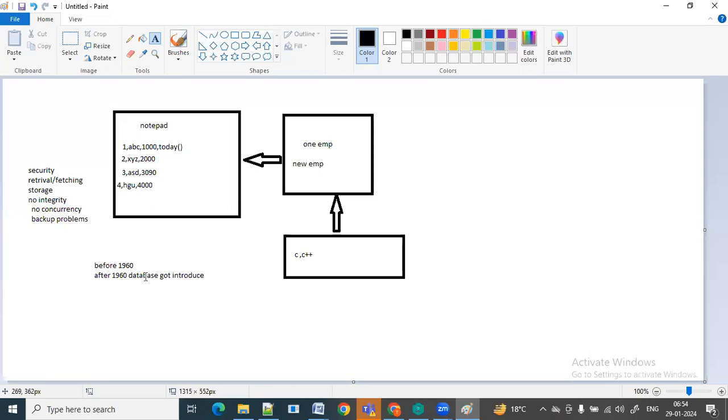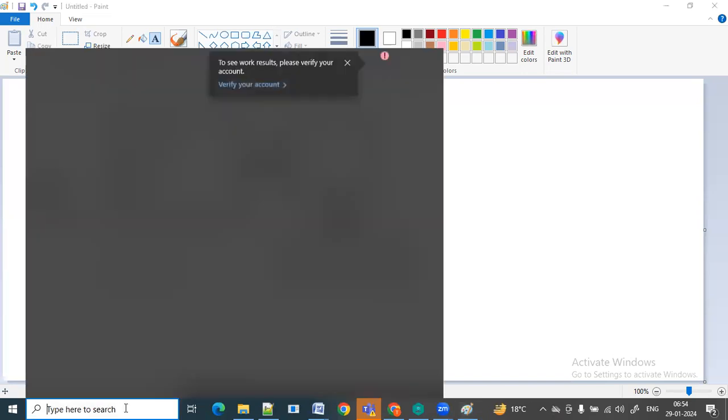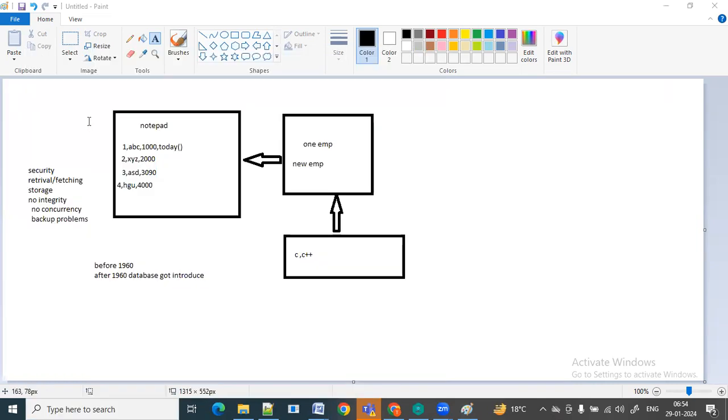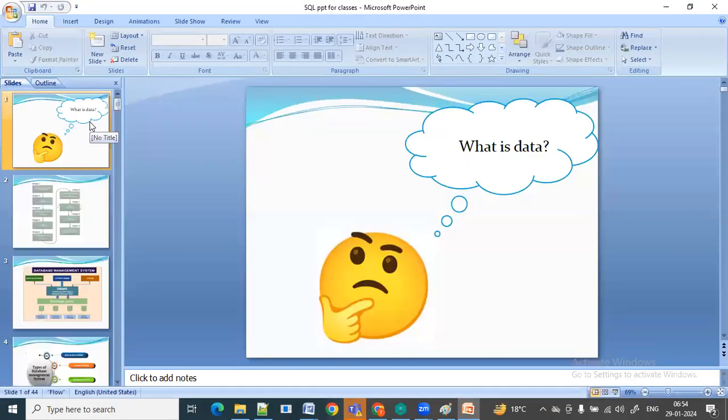Now, the moment I say database, what hits your mind? What hits your mind? Yes, data. What is data? See, forget about database management system, forget about everything.